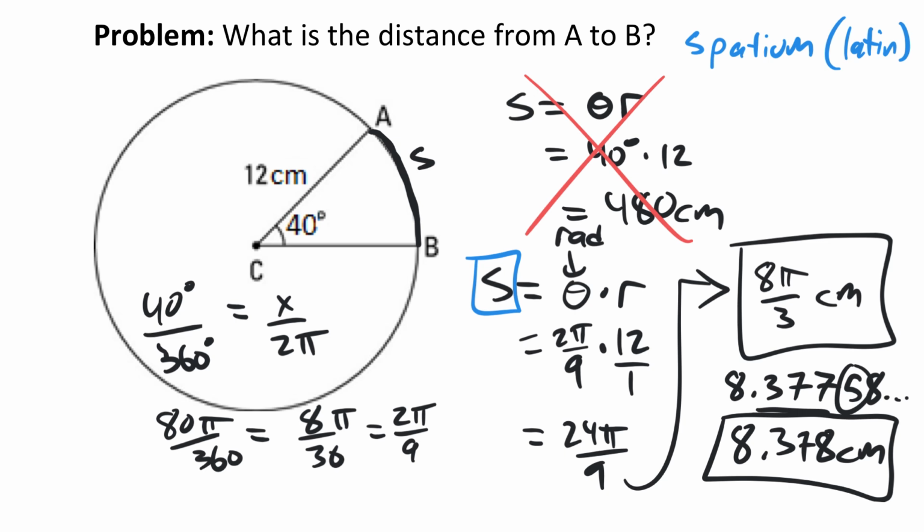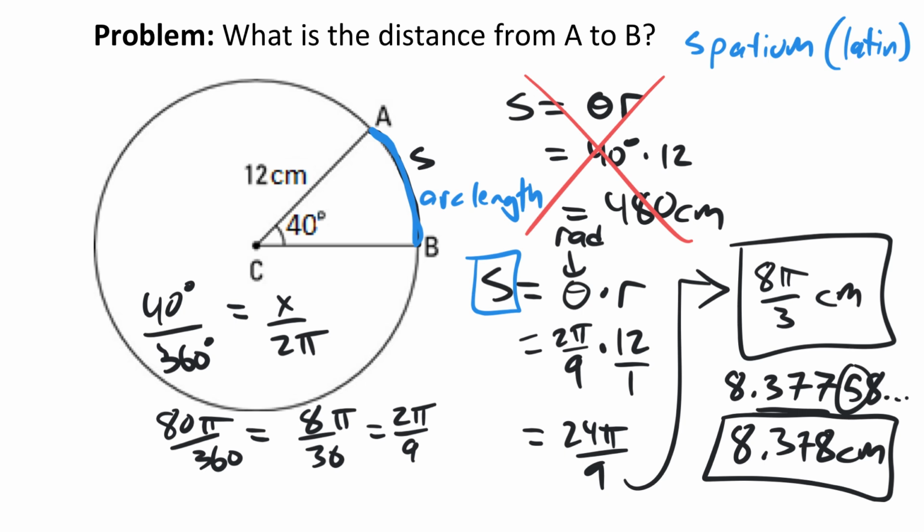And so they decided to use an S because in Latin, distance or this arc length, because what you can call this is sometimes called an arc length. It's a section of a circle, like an arc, like a portion of it. And so this arc length around the circle is a distance, it's an arc, it's a length. And in Latin, the word that's used for that is spatium. So then they give it an S.